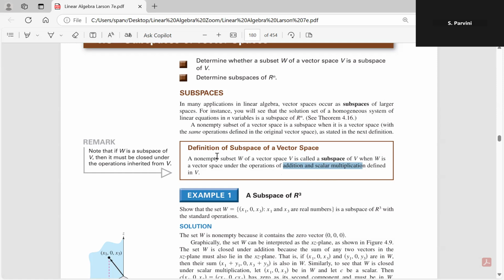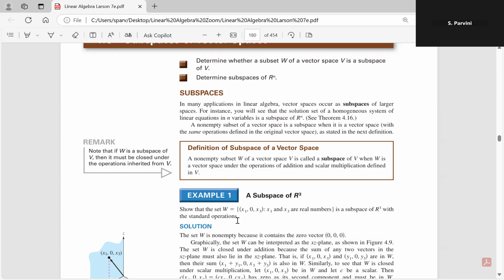Now, where does the zero, by the way, of this W subset come from, non-empty set? The zero comes from the fact that subset W is made up of vector space V. We just, let's say, select a portion of it, for instance. So that is what we say inherited. That zero vector is inherited from V.